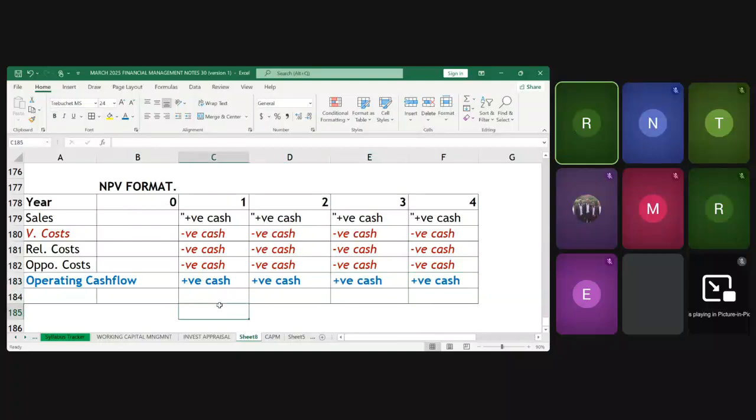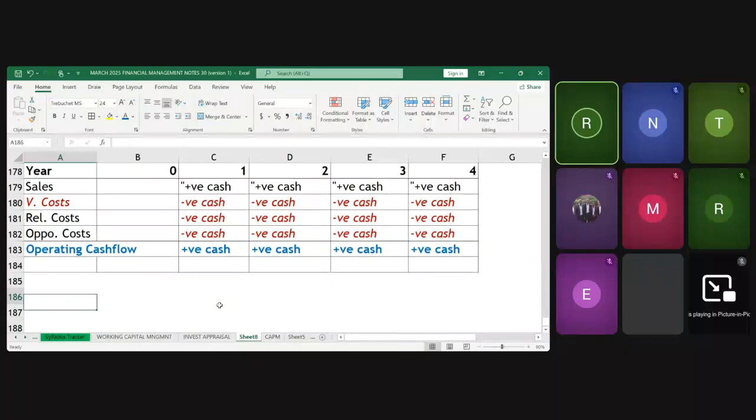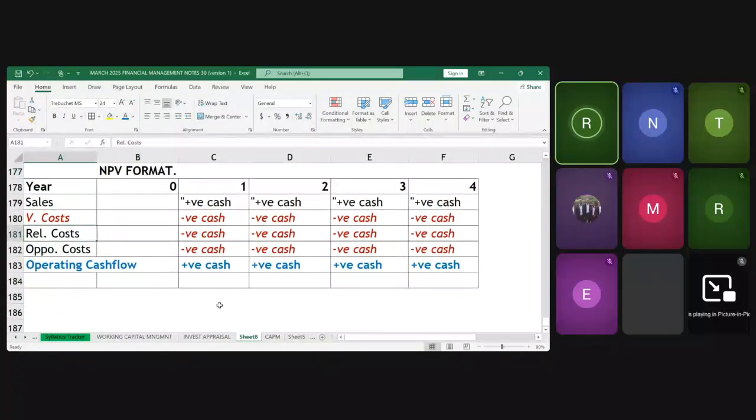Once you have done this, these operating cash flows are supposed to be taxed. So you are going to have taxation, which is going to be negative. You pay tax on these cash flows.